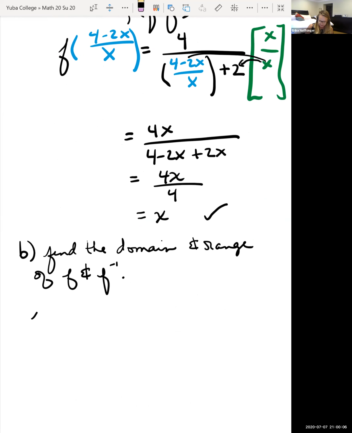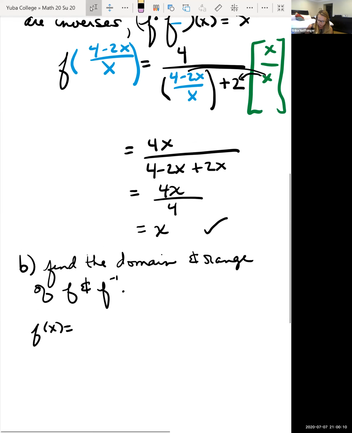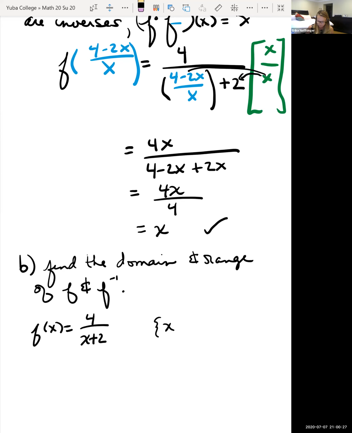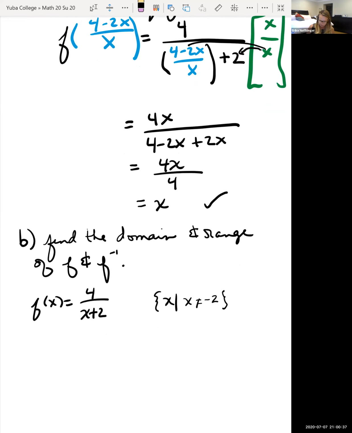F of x, that was the 4 over x plus 2. Only problem spot we're going to have there is when x sets the denominator equals 0. So the domain here is going to be all reals, except x can't be negative 2. So that's our domain.